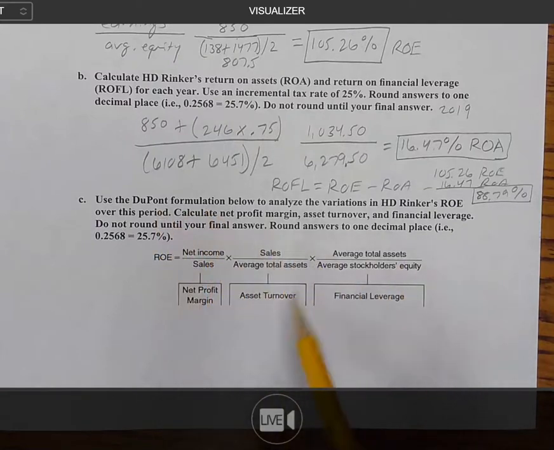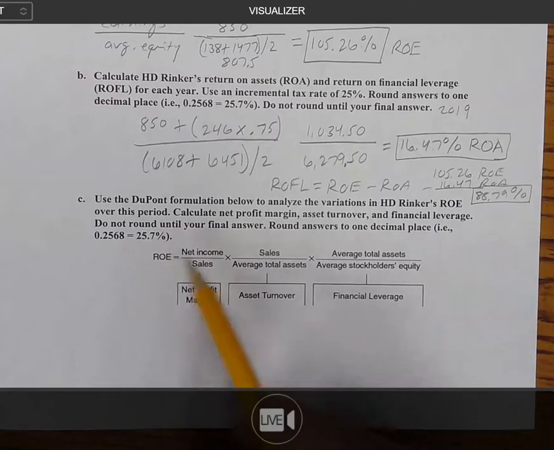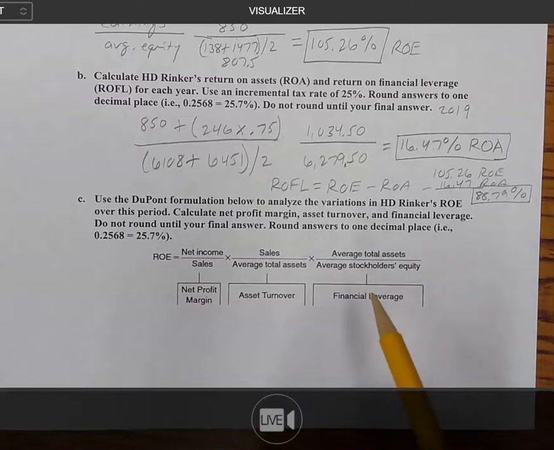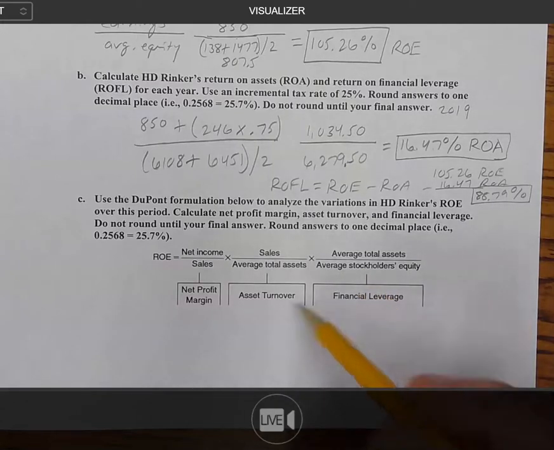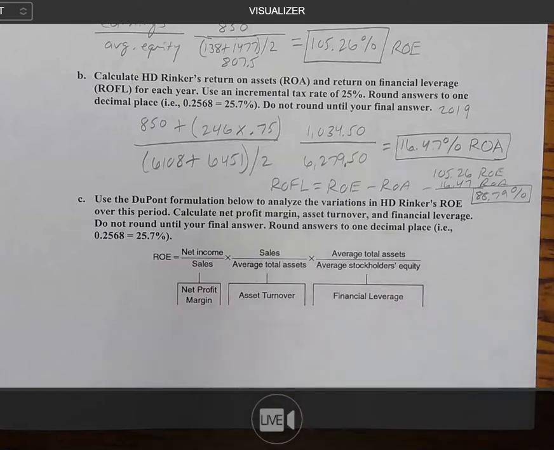And so if we look here, we have the ROE, and so if we take, for example, our net income over sales to get profit margin, we've looked at that previously.